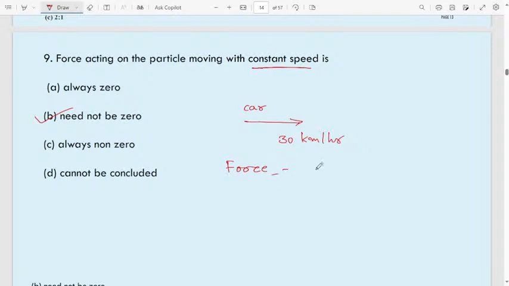For example, I will consider some 20 Newton of force that I am continuously giving to that car. Therefore, the car is continuously moving. So the correct answer for this question is need not be 0, meaning it needs some value. Like that you have to think.